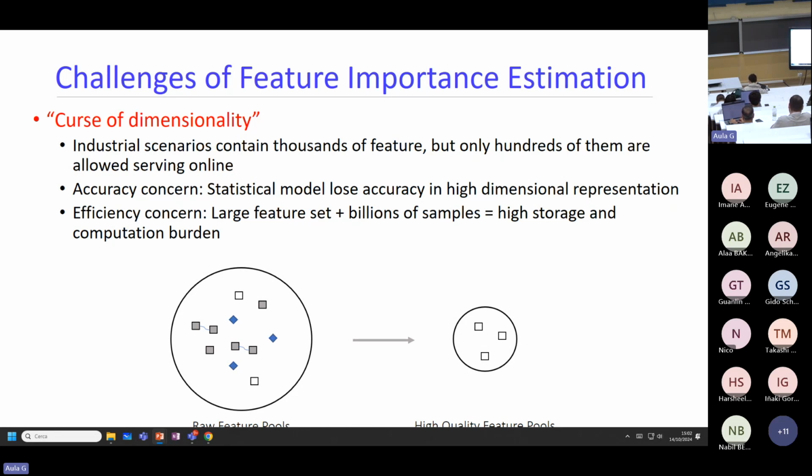Processing and optimizing these large datasets requires immense computational resources, making it challenging to maintain efficiency in both training and serving phases. Addressing this challenge requires balancing feature selection, model accuracy, and system efficiency to ensure that the best features are used without overwhelming the system.